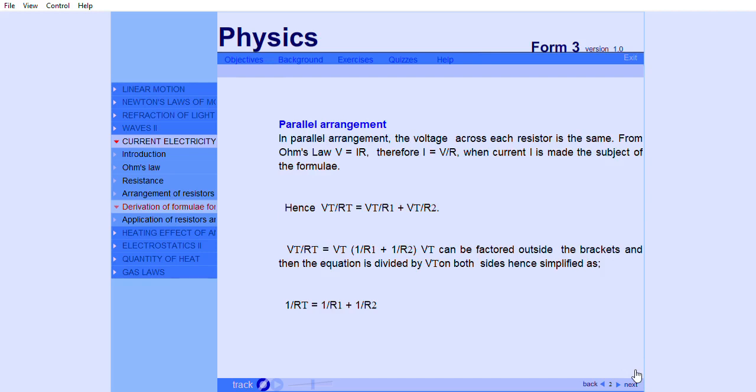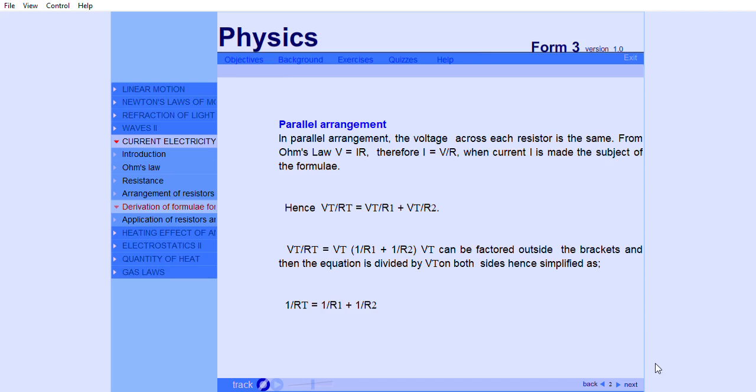Parallel arrangement. In parallel arrangement, the voltage across each resistor is the same. From Ohm's law, V is equal to IR. Therefore, I is equal to V divided by R when current I is made the subject of the formula. Hence, Vt divided by RT is equal to Vt divided by R1 plus Vt divided by R2.